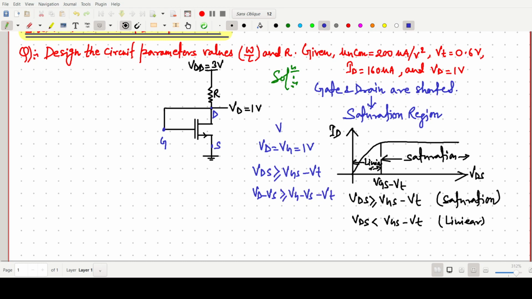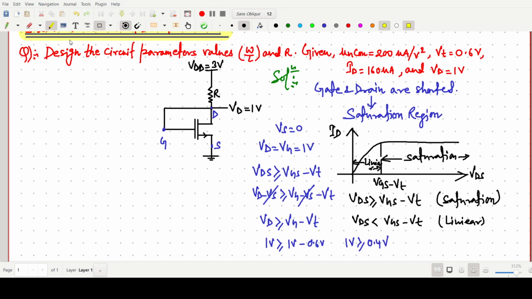VS is ground potential, so 0 volt, and these two terms are 0. So VD will be greater than VG minus VT. VD is 1 volt, so 1 volt minus 0.6 volt; 1 volt will always be greater than 0.4 volt. So we can easily say this condition is okay.